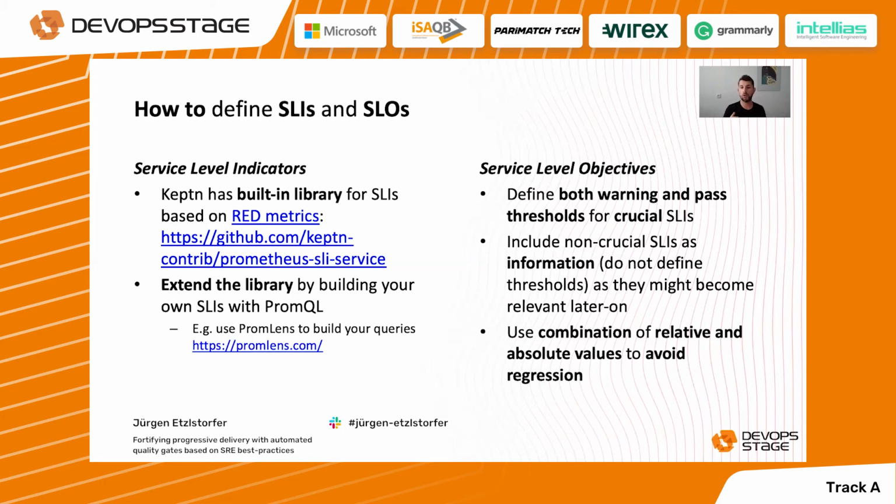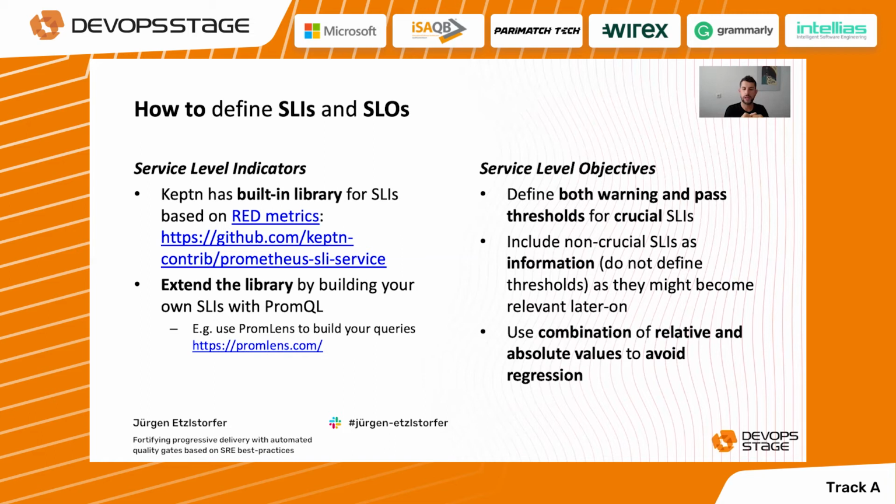Also include non-crucial SLIs in your SLO file. In this case, this data will also be fetched automatically by Captain, and you have it in the Captain dashboards or in the result that is given back to you by Captain. That's very valuable if you think of something where you don't know a good threshold yet because you have never thought about this SLI.